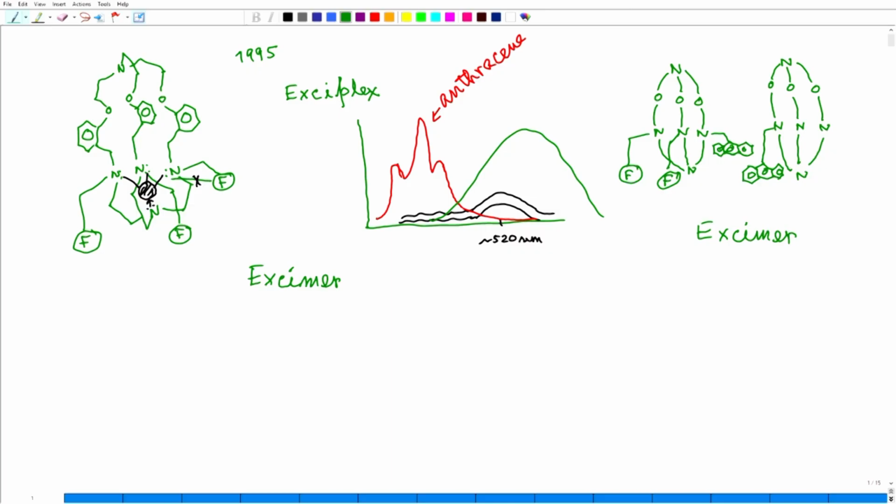Another important point. Now coming back to this system, we have seen that these cryptands have poor chemoselectivity.